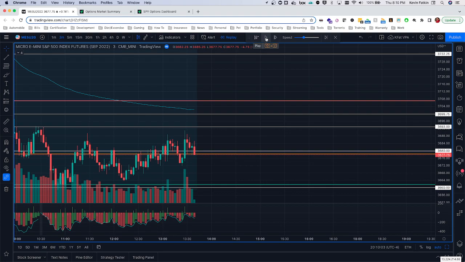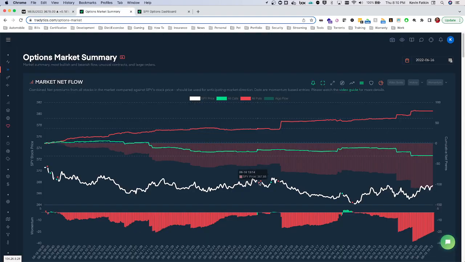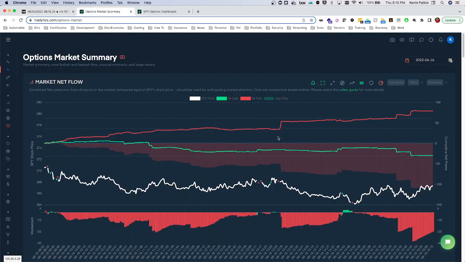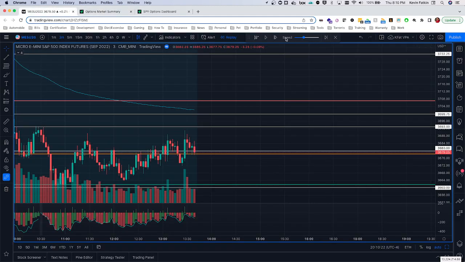I do check every alert, but you can see there were several alerts in all this sideways chop. The reason I didn't really care is because you can see puts went up slightly here and calls went up slightly here. So again, it's just sideways, and there's nothing intriguing happening in all this sideways chop. And that's what I want to be very clear about. So I needed something to show me that I should start paying attention.